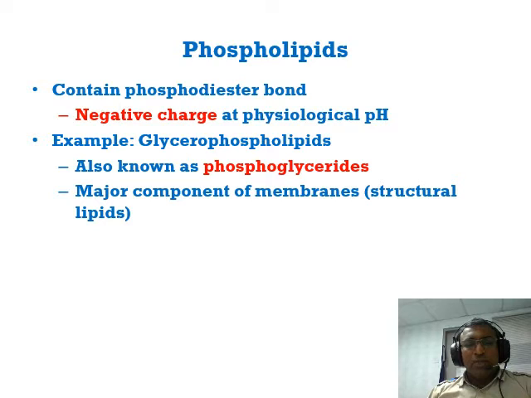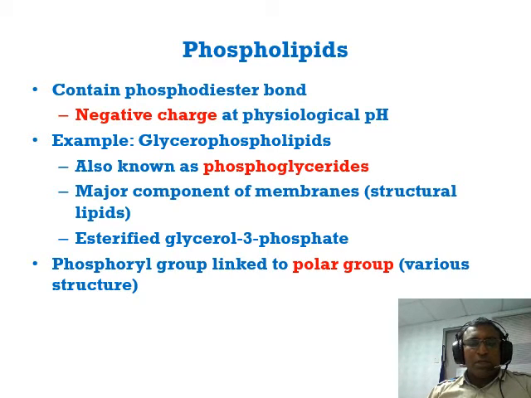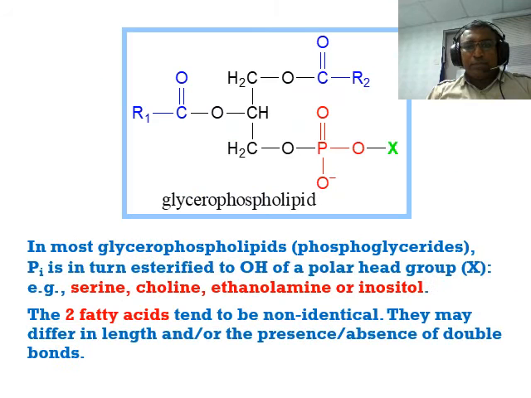It makes up the lipid bilayer of the cell membrane, so it contributes to the structural part. Glycerol 3-phosphate, which is found in the glycolytic pathway as an intermediate, can be used as a precursor to build this phospholipid by adding fatty acids as well as the phosphate, and also adding a polar group to the phosphate. This polar group is the one we will see in the next slide.